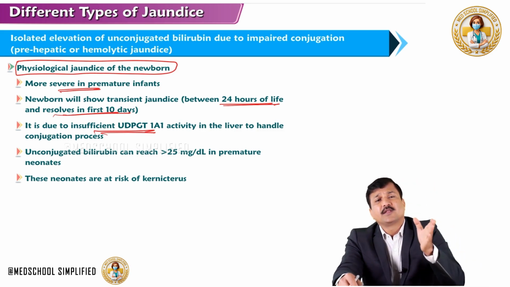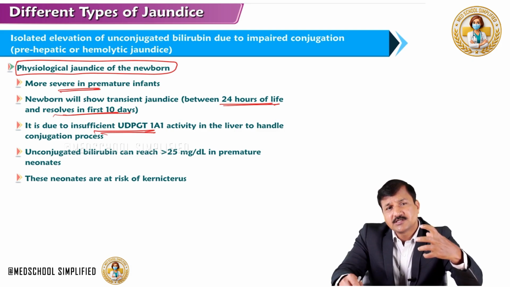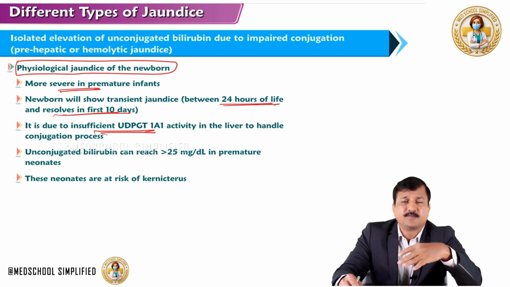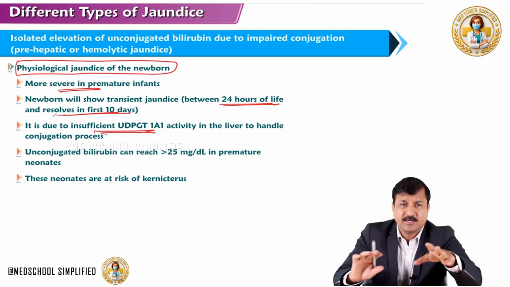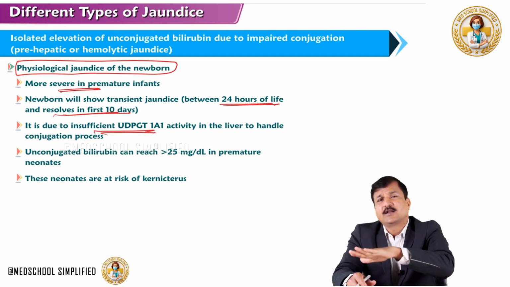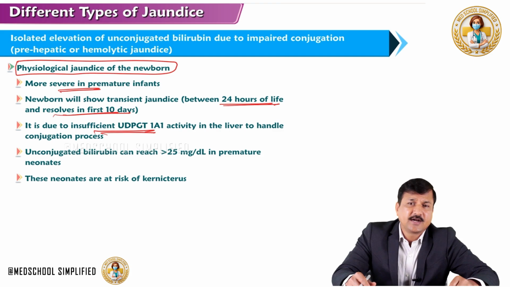Because remember, when the birth occurs, the red blood cells containing fetal hemoglobin need to be replaced by red blood cells containing adult hemoglobin. That transition has to go on. That means all the fetal hemoglobin containing red blood cells need to be killed and replaced by red blood cells containing adult hemoglobin.